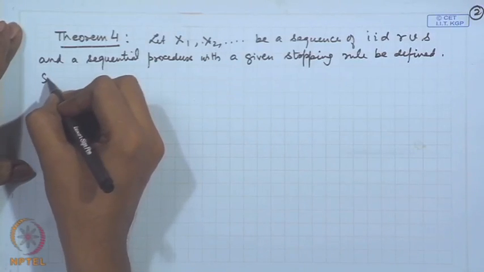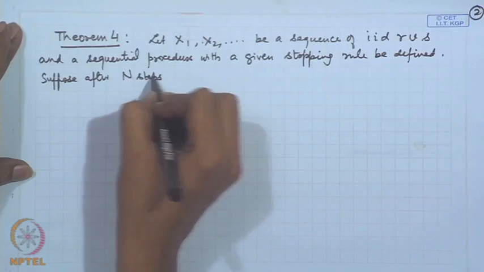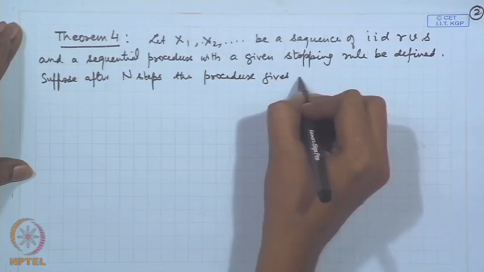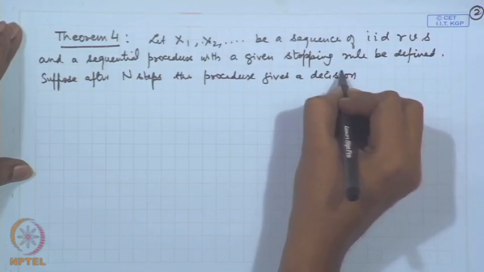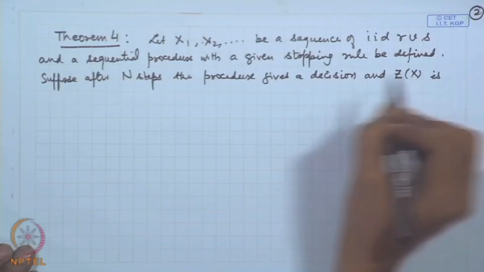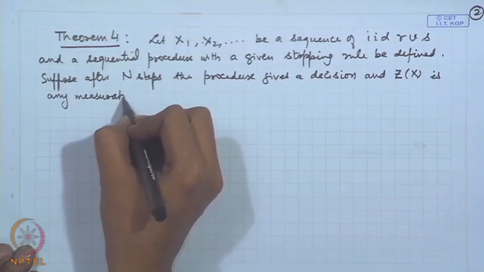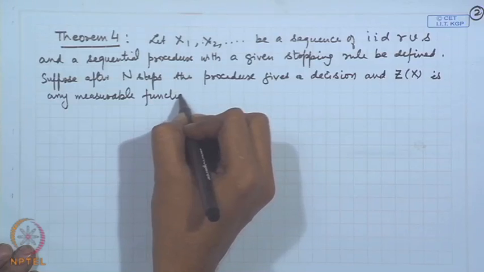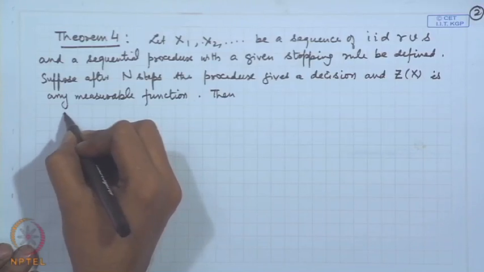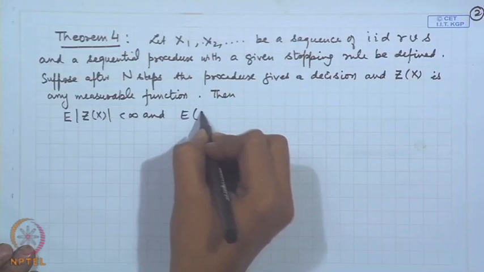Suppose after n steps, the procedure gives a decision, and Z(X) is any measurable function, such that expectation of modulus Z(X) exists and expectation of N exists.